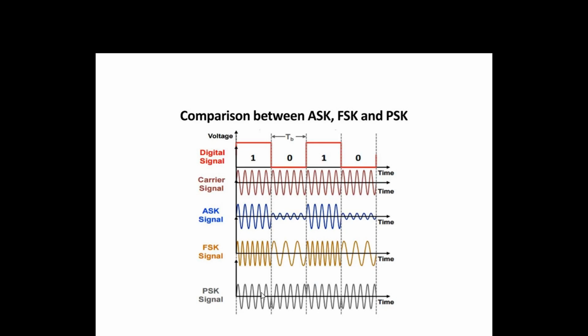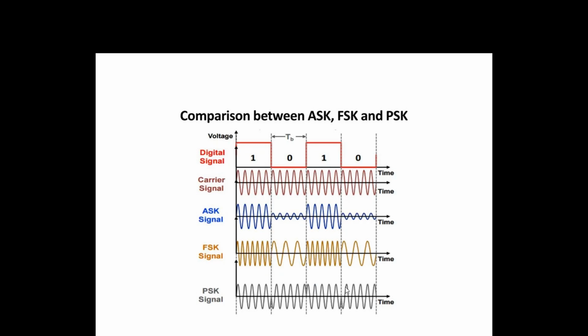Look at this waveform. We can notice the phase shift, different phases in this waveform. Then what is our next input? 1. So here we should not change the phase of our carrier. It is the same as the carrier. Then we have the input bit as 0.